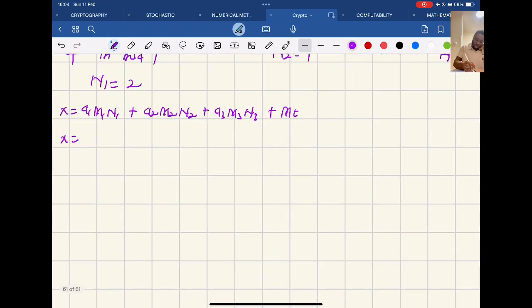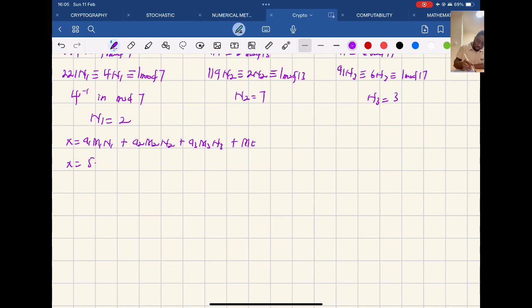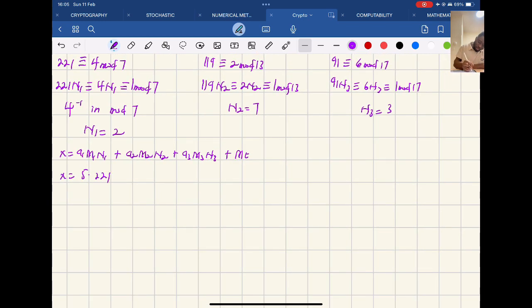So you get 5 times your big M1, and big M1 was 221, times N1, which is 2, plus A2. A2 is 7, big M2 is 119, and your N2 is 7.